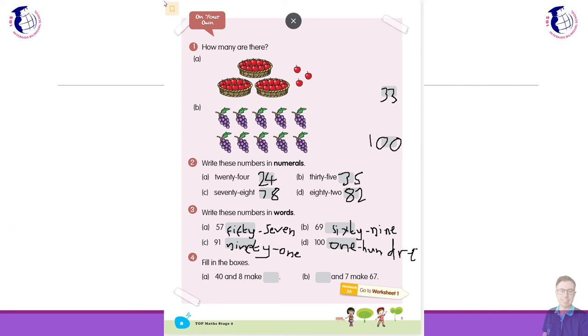I'll do this as tidily as I can. So 91 we have ninety-one and 100 we have one-hundred. Fill in the boxes. 40 and 8 make 48, and 60 and 7 make 67.